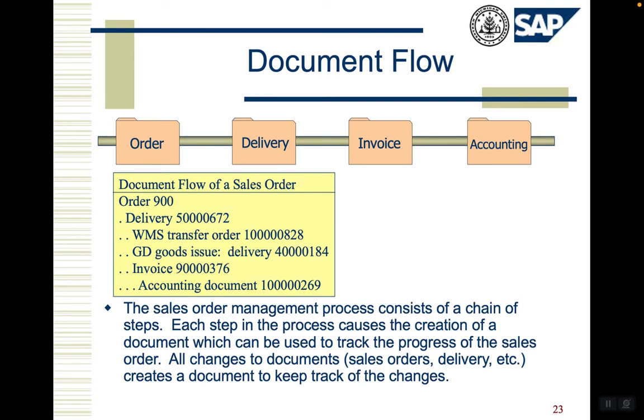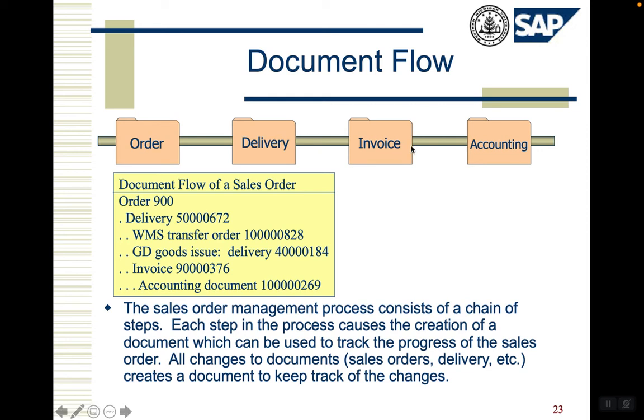What document flow is all about is, as we're going through this process, we are actually creating different documents. We create something called a sales order, which is a document in the ERP system. When we create a delivery, we use that sales order to create a delivery document.